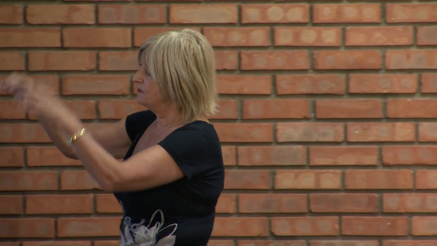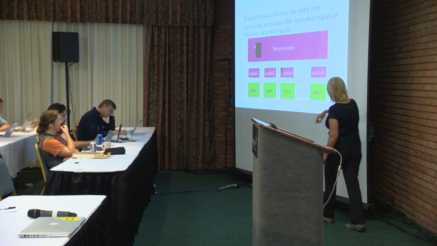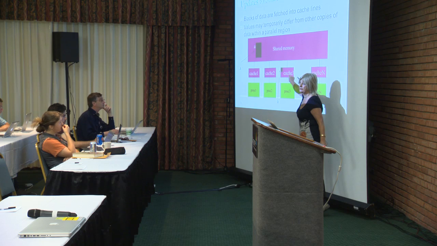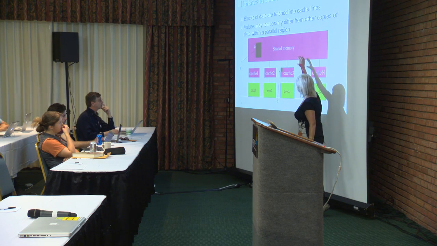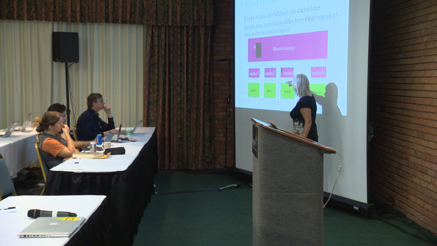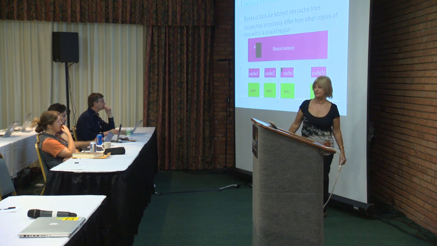The other thing that can happen is that you may have data in your cache, and let's say that a thread running here has updated this element A. A is actually in shared memory, and other threads may want to see that value. What we have to think about is, when are the other threads going to see that value?